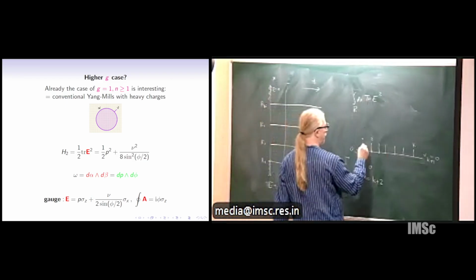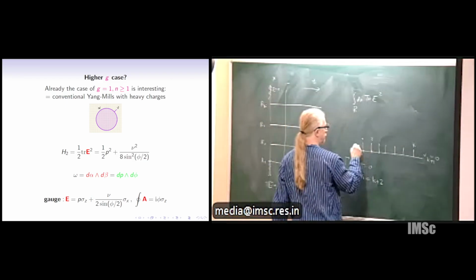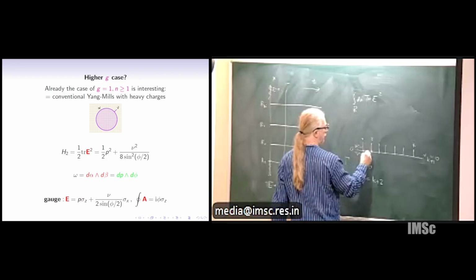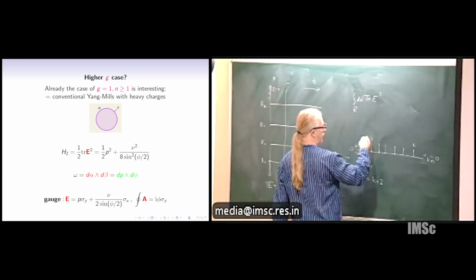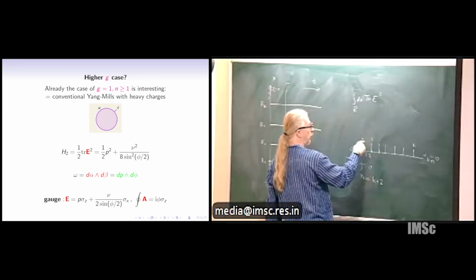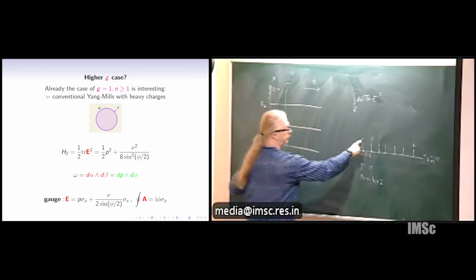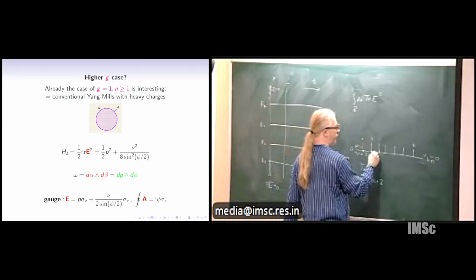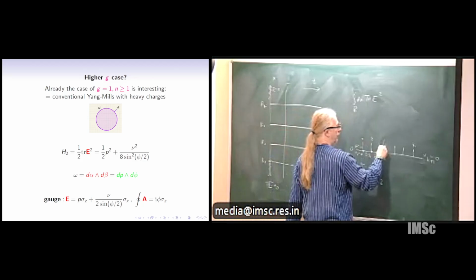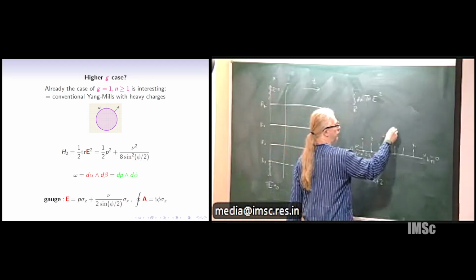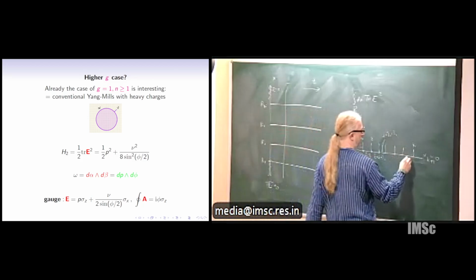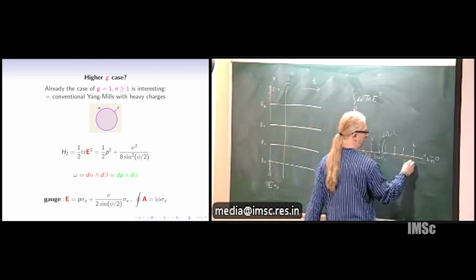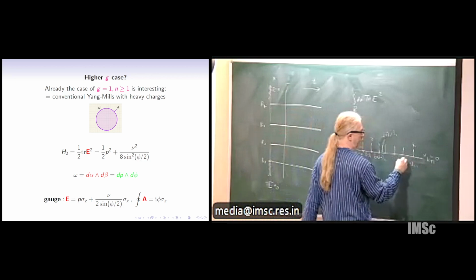So the electric field here will be equal to 0. And here it will be equal to the element of the orbit attached to this tail. And here it will be now the sum J1 plus J2, J1 plus J2 plus J3. This is J1 plus up to Jk minus 1.